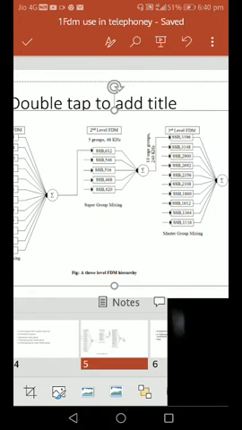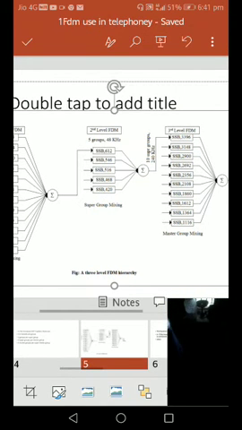In the navigation system, 5 into stages, 5 into super group and master group, and 10 to 40 kilohertz.